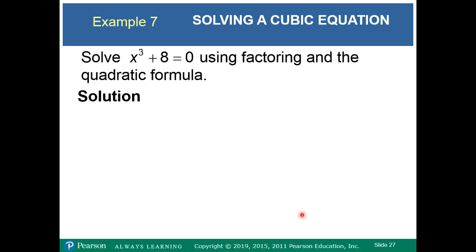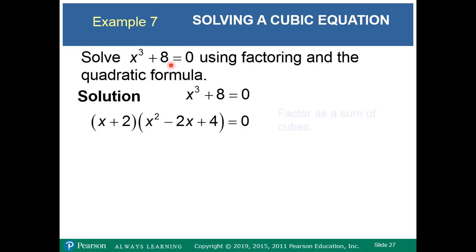Here's how we would do something like this. This is actually the sum of two cubes, because 8 is 2 cubed. So this is x cubed plus 2 cubed. This is a special form, and so we can peel off an x plus 2.